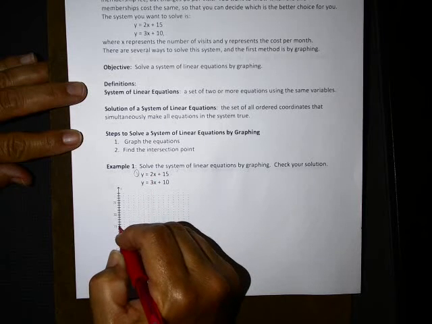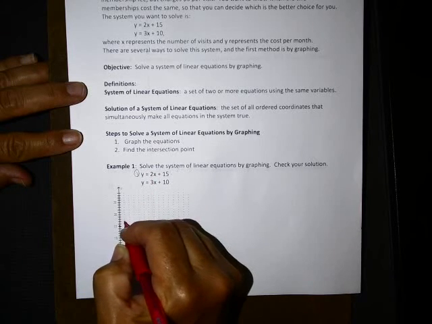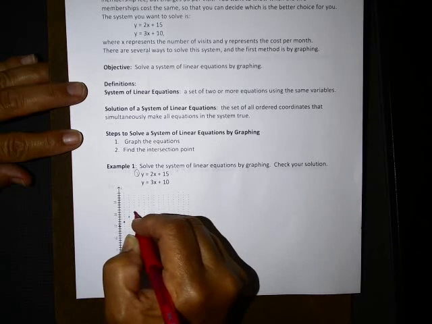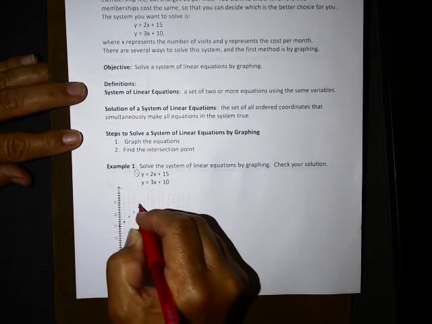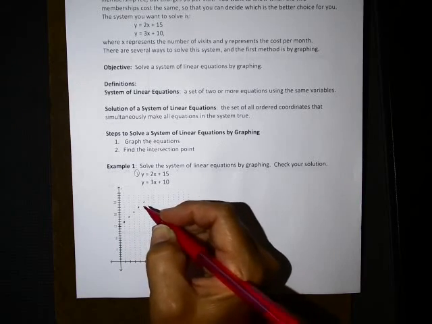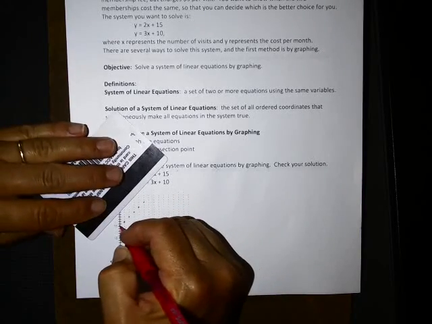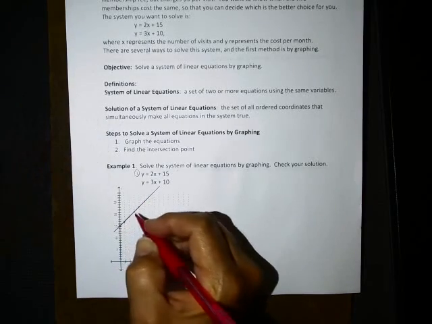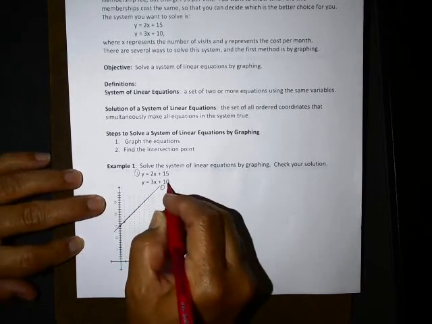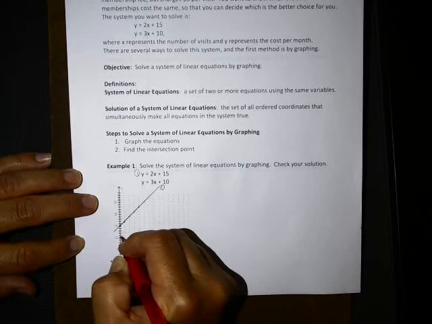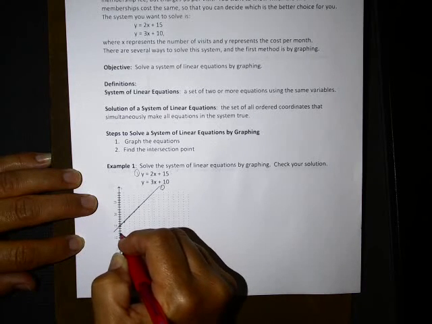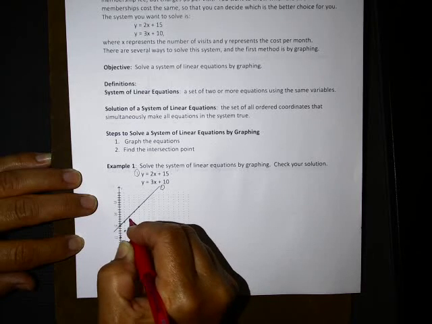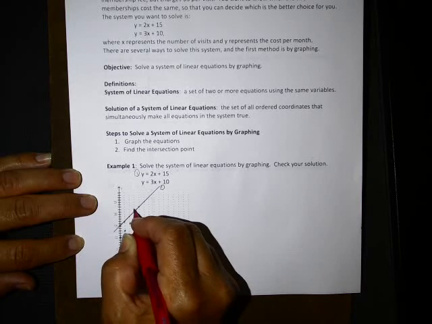So from our y-intercept, we're going to go up 2 over 1, and I'm going to do several points just to make sure we have a clear line. And then I'm going to use a straight edge to draw my line. My second equation starts at 10 and goes up 3 over 1. So very carefully, plot your points.